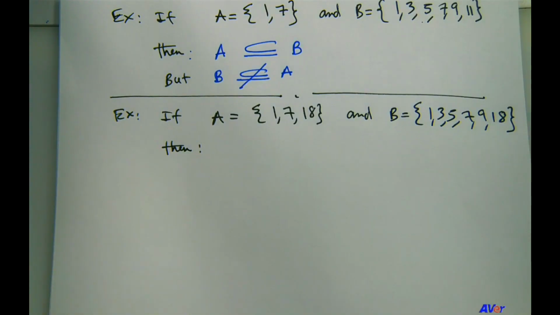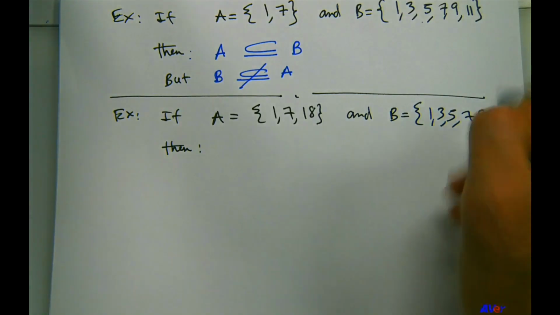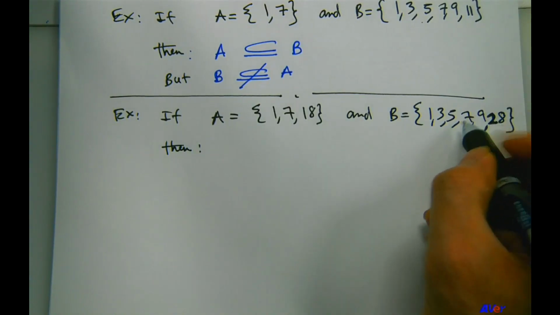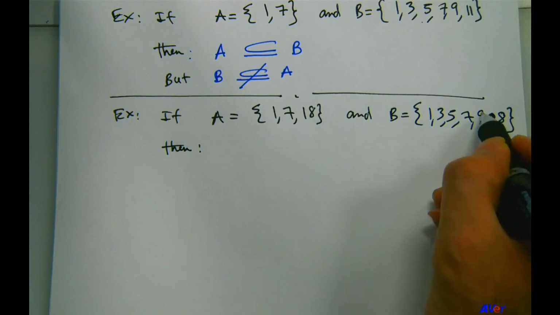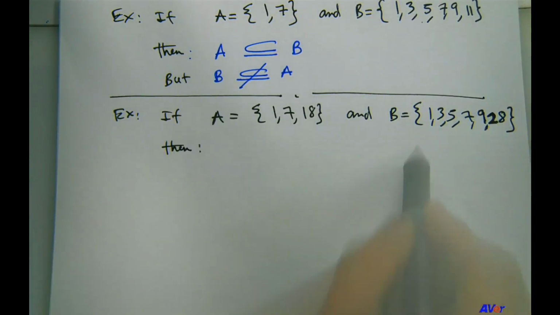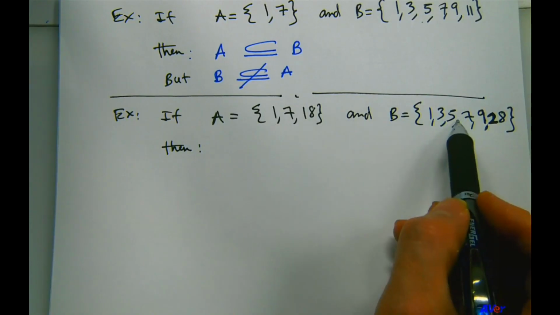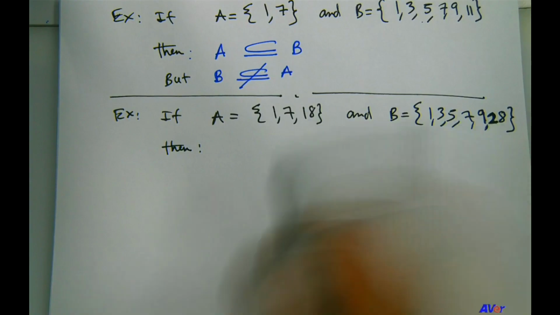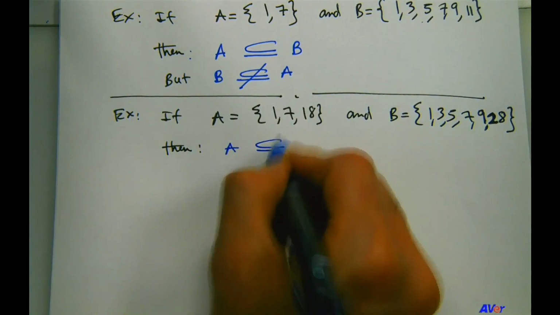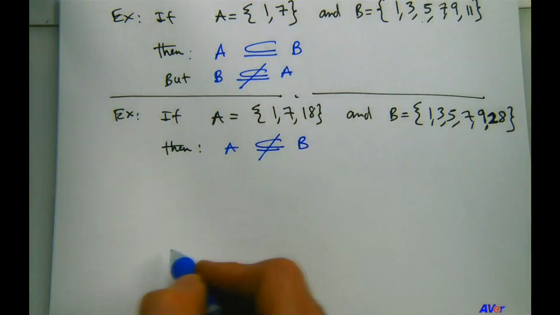I didn't mean to, so let me change this to 28 actually. I wanted to make a point here. So that's 1, 3, 5, 7, 9, and then 28, right? So is A a subset of B? We have 1 and 7, but 18 is not there, so no. So A is not a subset of B.